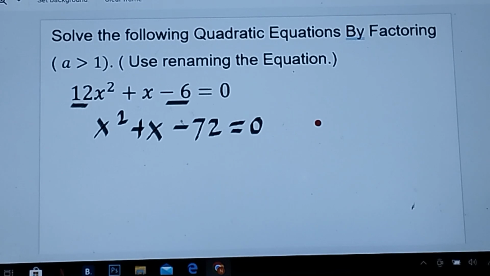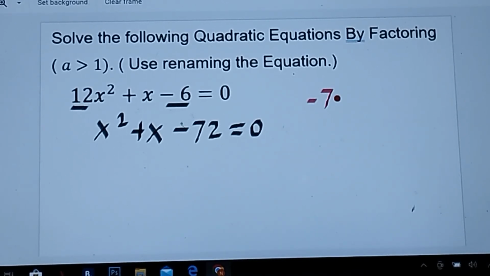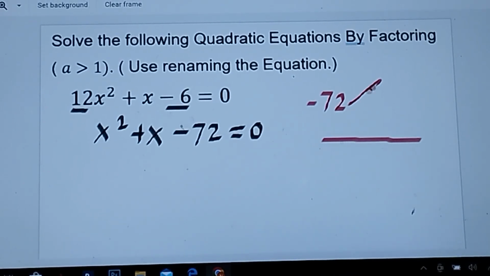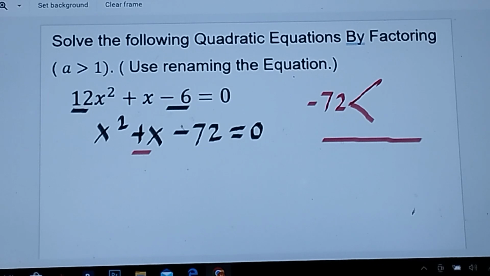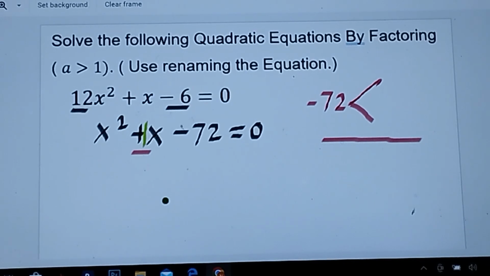What are the factors of the constant term, negative 72, so that when added, the sum is the coefficient of the linear term, and that is an invisible positive 1. Okay, so meaning the sum must be equal to 1. So what are the factors of negative 72?